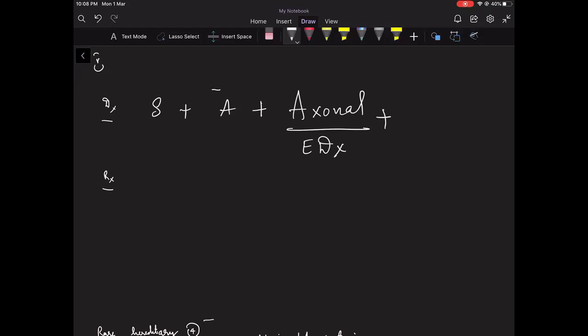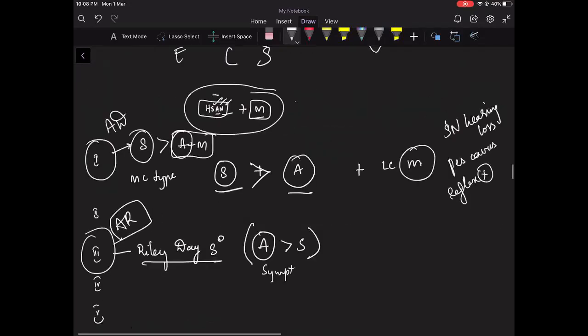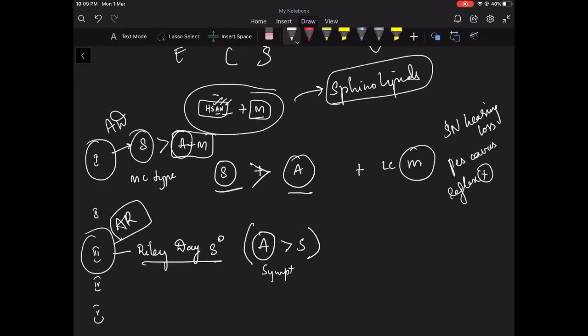The patient will have a positive family history and early onset. In this type, in the pathology, the sphingolipids accumulate in the cells.